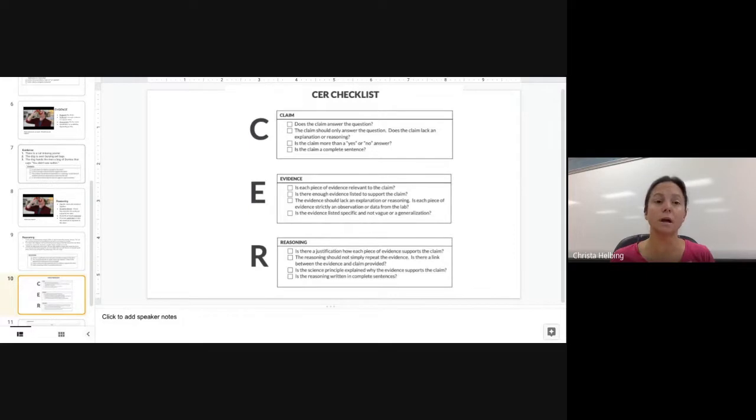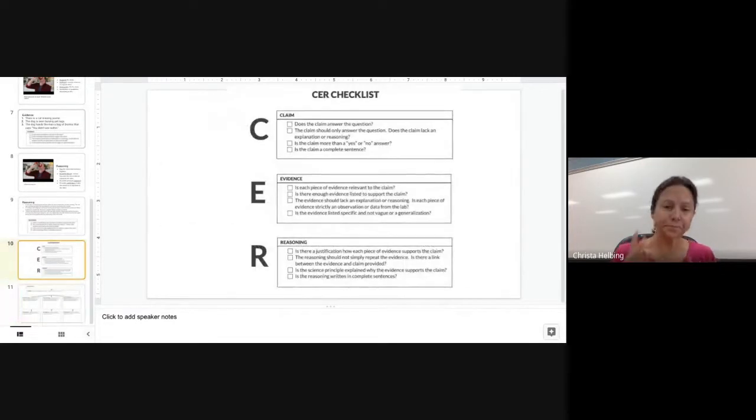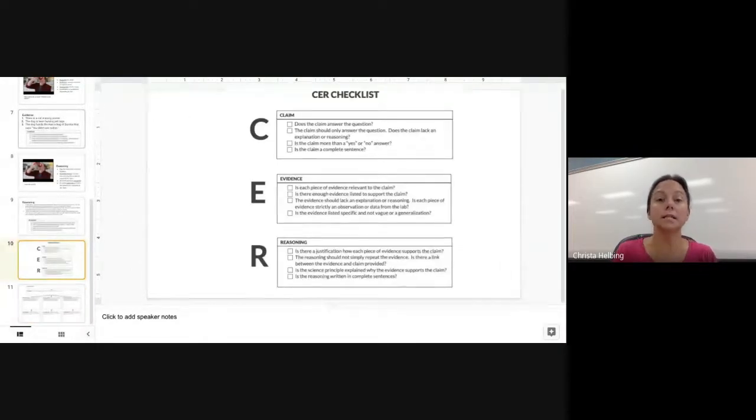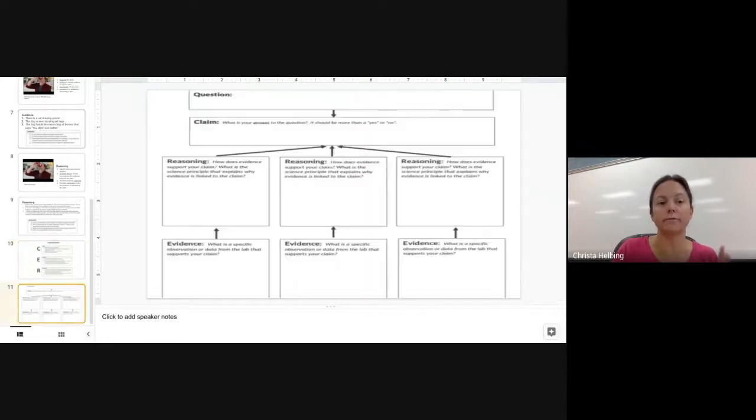So I hope this was helpful in how we can use this CER to answer a question. Remember that we can use this not just for answering questions, but we can do this in a scientific investigation or even analyzing the data. And so one of the things that you'll be getting is this checklist that you see here. And then you'll also get a writing strategy worksheet that will help you walk through the process so that you don't miss anything.